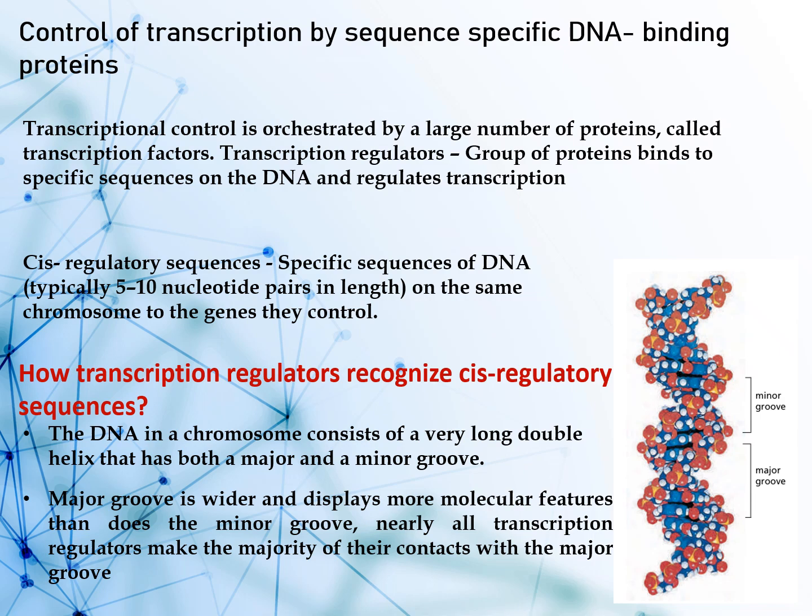Control of transcription by sequence-specific DNA binding proteins. Now, how does a cell determine which of its thousands of genes to transcribe? It is based on a group of proteins known as transcription regulators. These proteins recognize specific sequences of DNA, typically 5 to 10 nucleotides in length, that are often called cis-regulatory sequences.